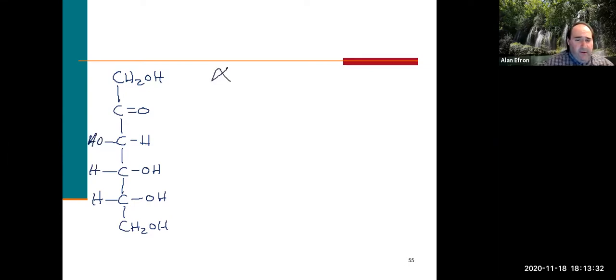And why don't you draw the alpha anomer, see what you come up with. All right, so take a couple of minutes here, draw this into a cyclic structure, and we're looking for the alpha in this particular case.